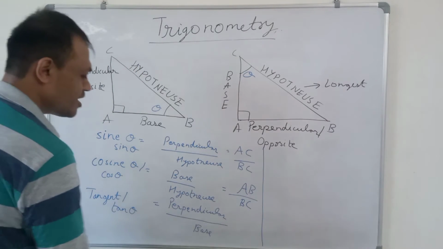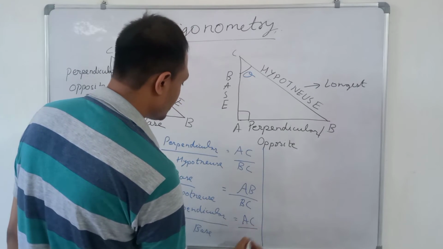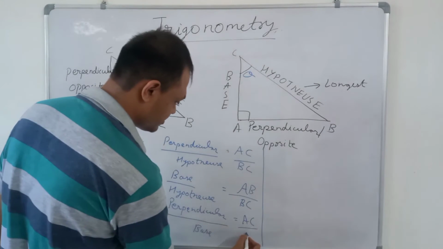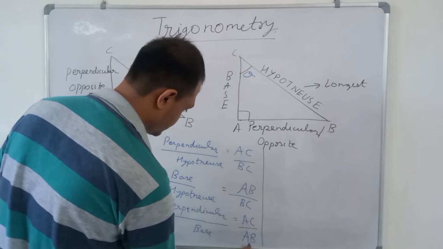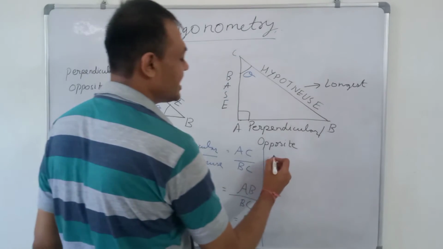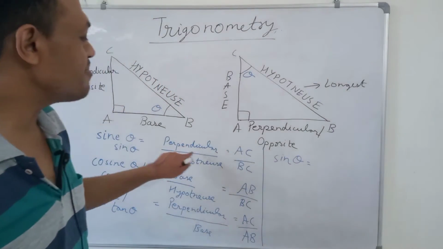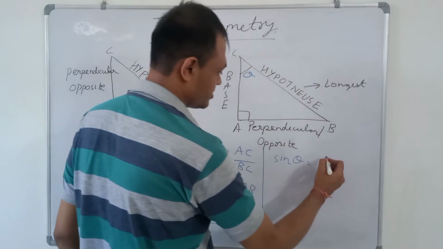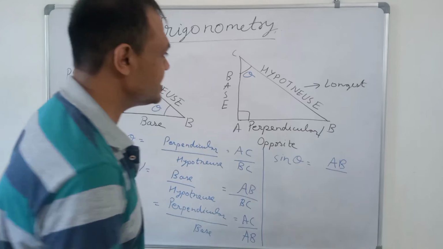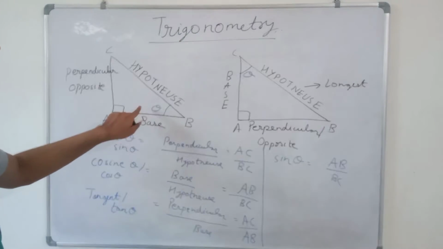And tan theta will be equal to AC upon AB. Here sin theta will be equal to, now perpendicular is AB and hypotenuse is not changed. Here the theta is this angle, here the theta was this angle.